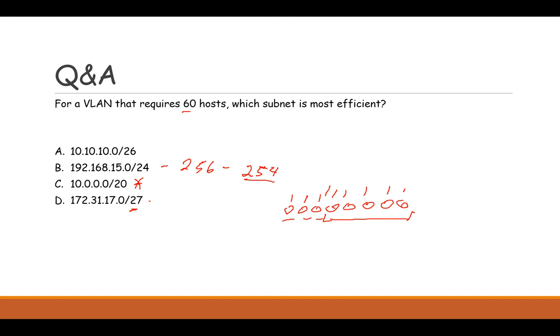So this would give us 30 usable addresses. That's just not enough. But then if we add one more bit here, we double the number of addresses we have. So then that's 64 minus 2, of course, for the broadcast and network identifier. So that's 62 usable addresses in a /26. We know that that is our answer here, A.